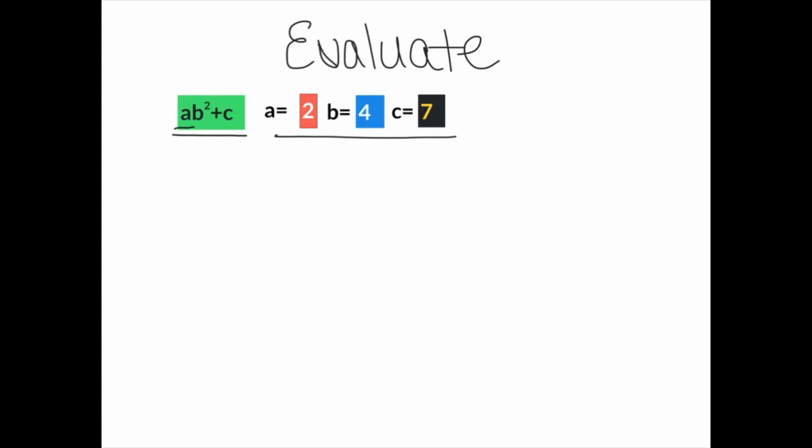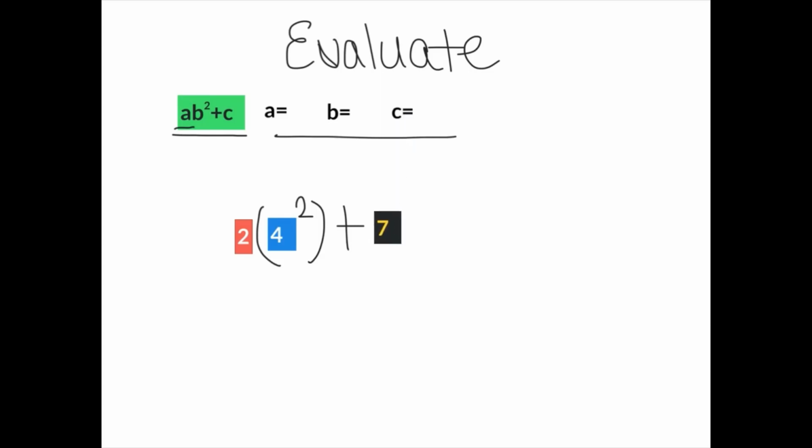A is 2, so I bring 2 over here, and then multiply that with b squared. So this is going to have to be b squared, and then plus c. We substitute the value 7 for c.